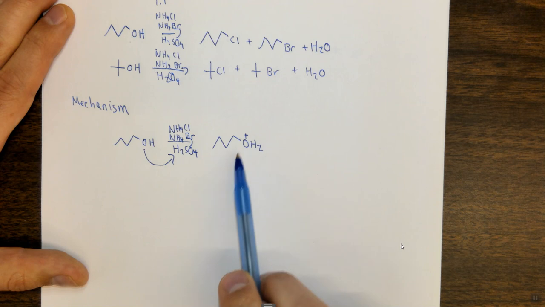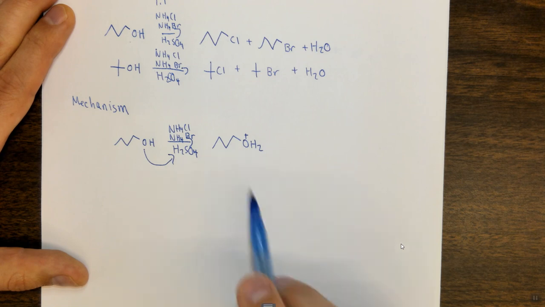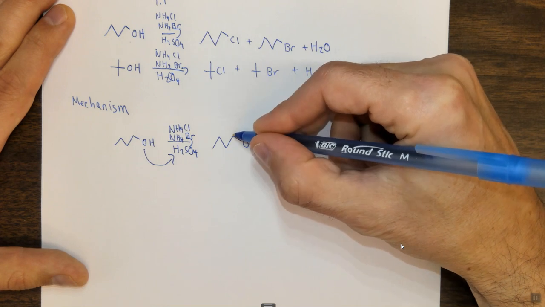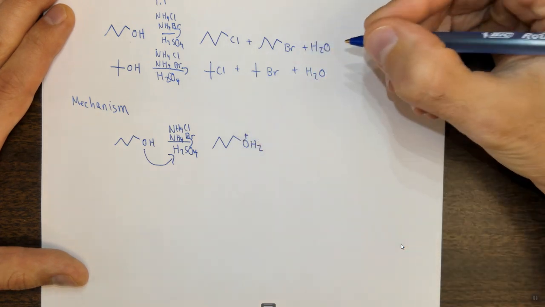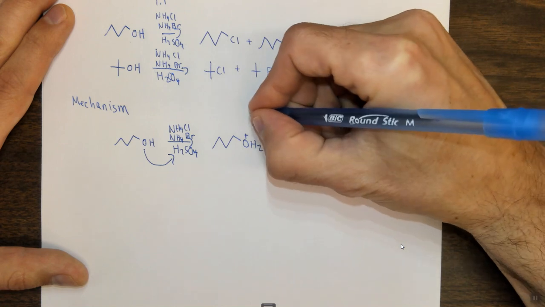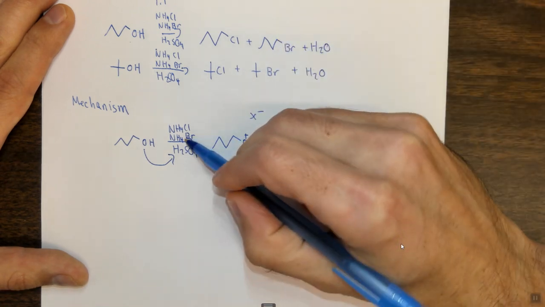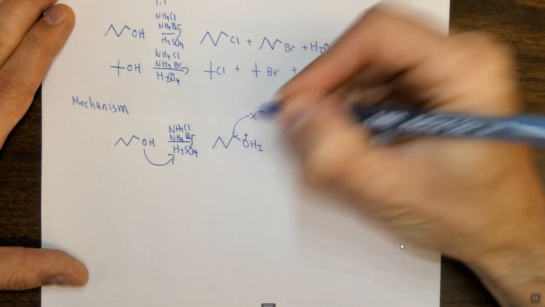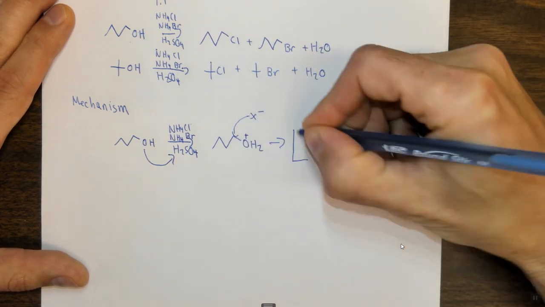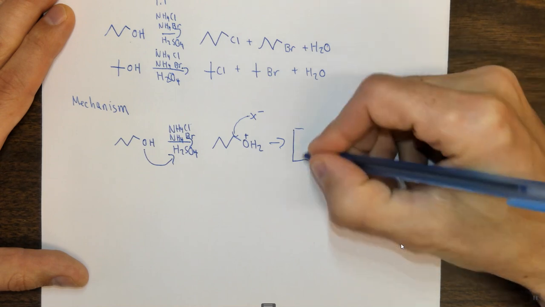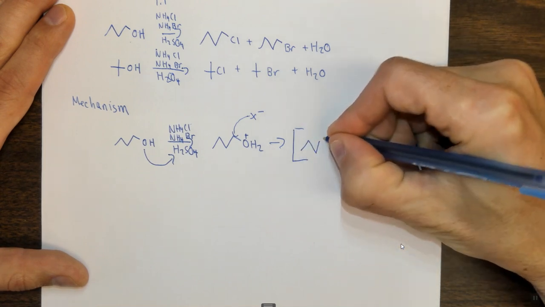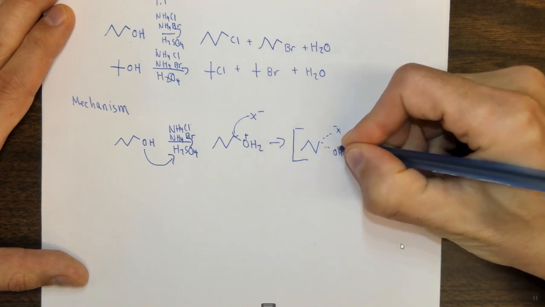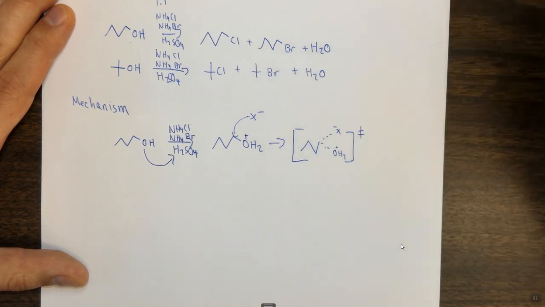Now, furthermore, we have a good leaving group. However, if this were just to leave, we would end up with a primary carbocation. And primary carbocations aren't very stable. So what has to happen is X minus, which is either Br minus or Cl minus, has to come in, and what we end up with is this transition state where we have the X minus coming in and the OH2 plus going out.